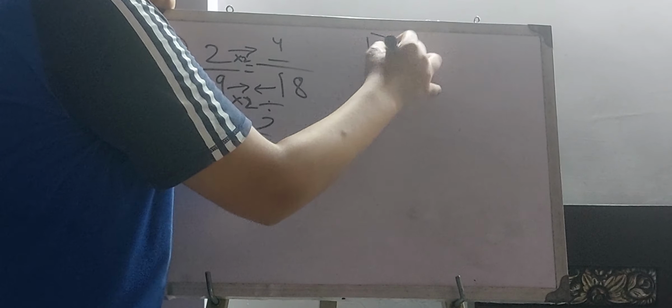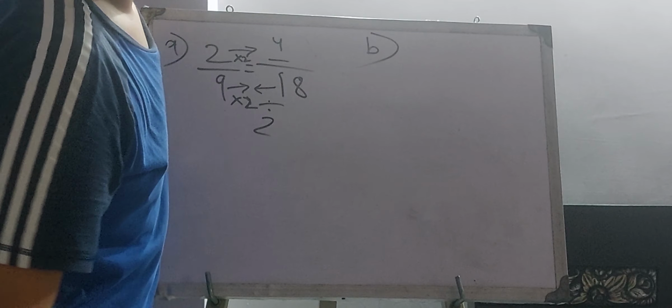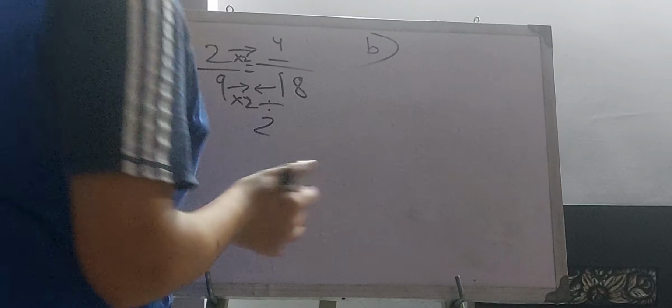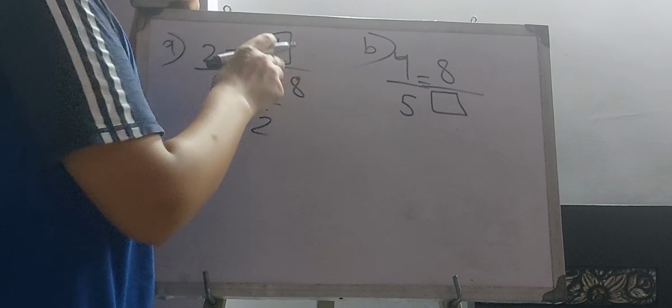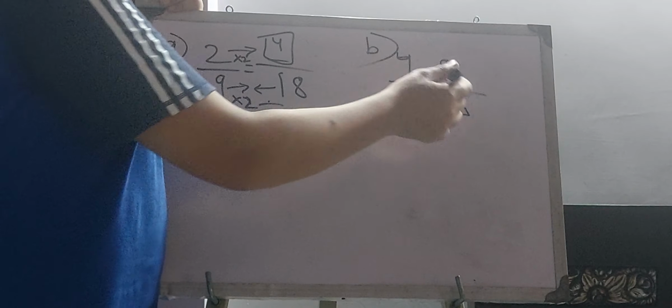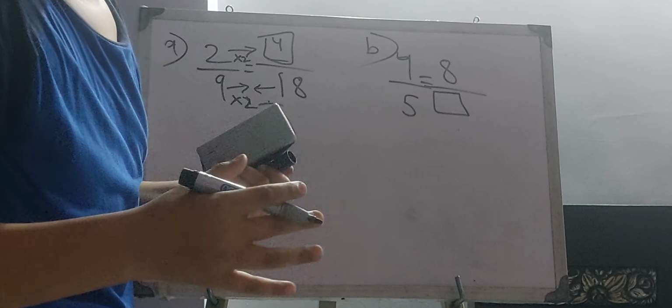What is part B? The question is 4 by 5 equals 8 by unknown. In this there was no numerator, in this there is no denominator.